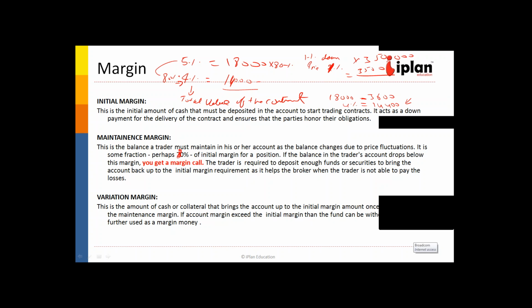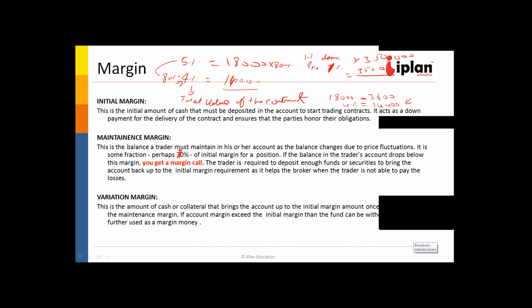Let's suppose there's a price fall of 1% and you lose 3,500. So what will happen in that situation?